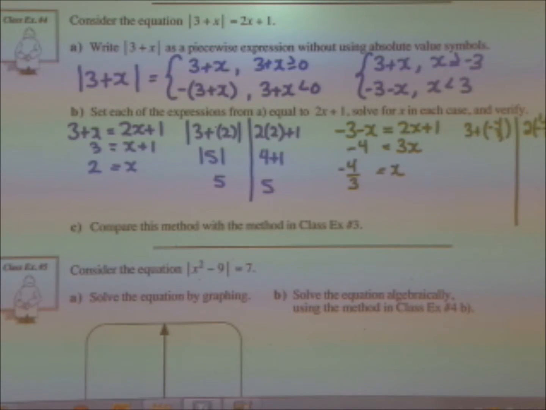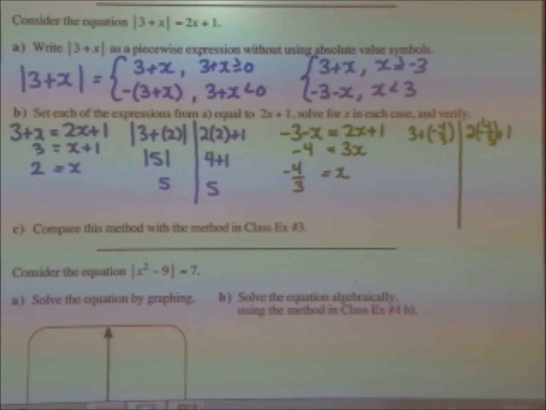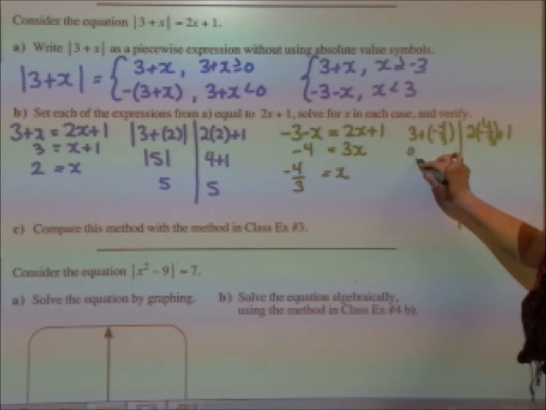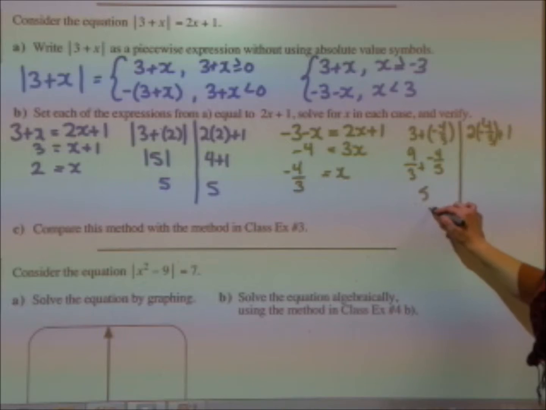So 3 plus negative 4/3 would be 9/3 plus negative 4/3, which would give me 5/3.